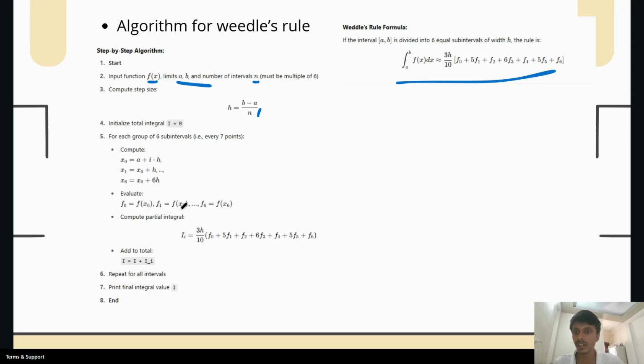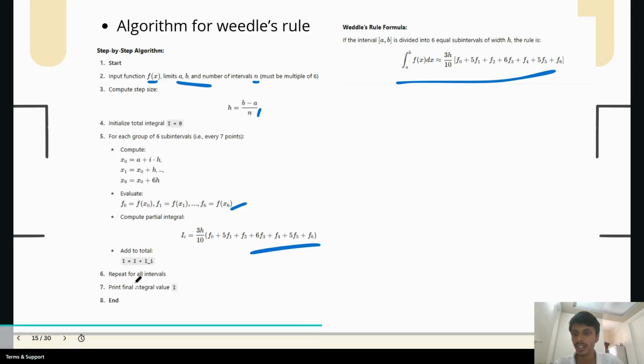Then we evaluate the respective function values: f0 equals f(x0), f1 equals f(x1), and so on. Then we compute the partial integral 3h/10 times (f0 plus 5f1 plus f2 plus 6f3 plus f4 plus 5f5 plus f6), and we add this partial integral to the total integral and repeat this for all intervals. Then we print the final integral value I.